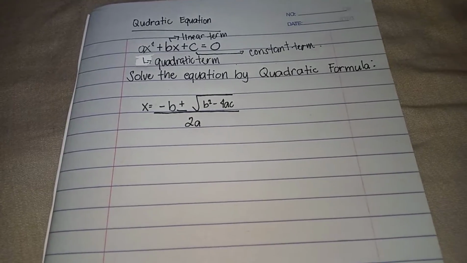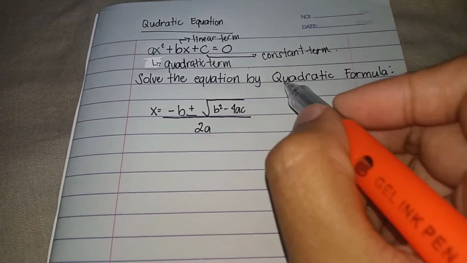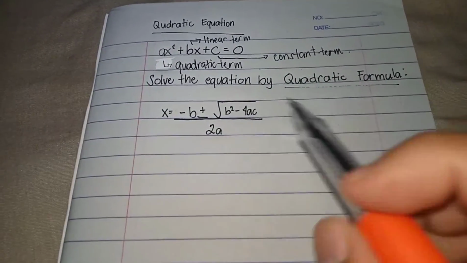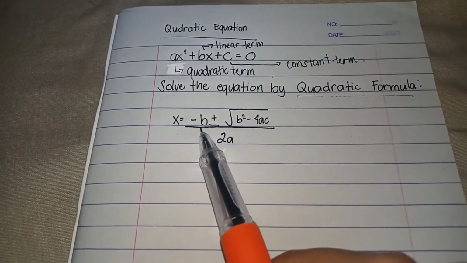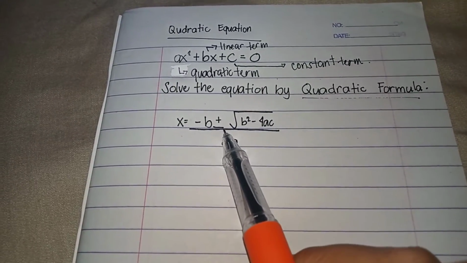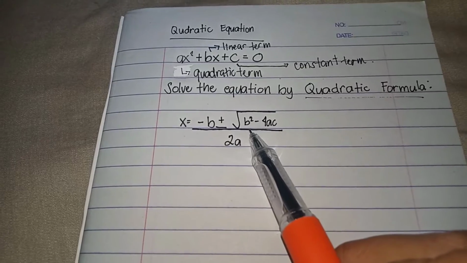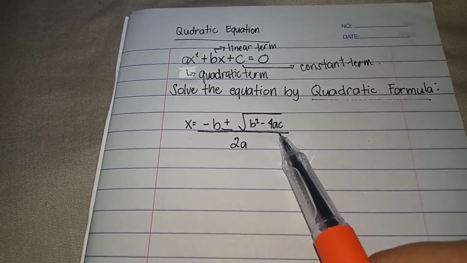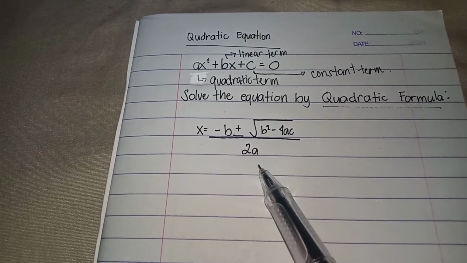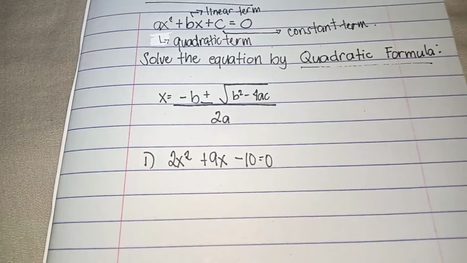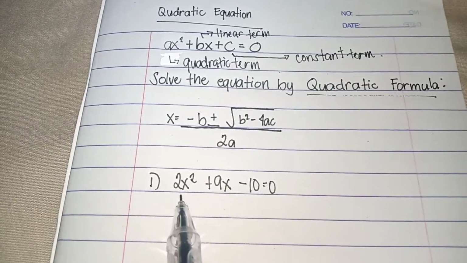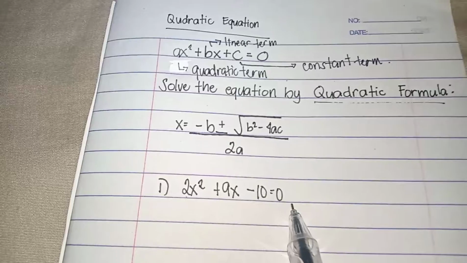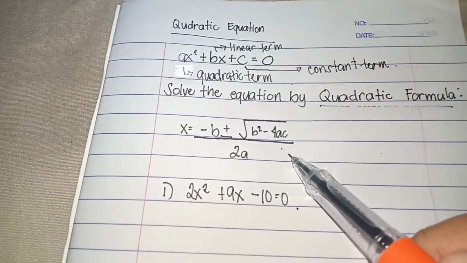Okay, so here I'm going to introduce to you the quadratic formula. x equals negative b plus or minus square root of b squared minus 4ac over 2a. Let's start solving this equation with the use of this formula.